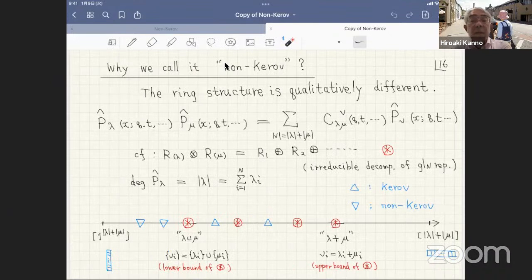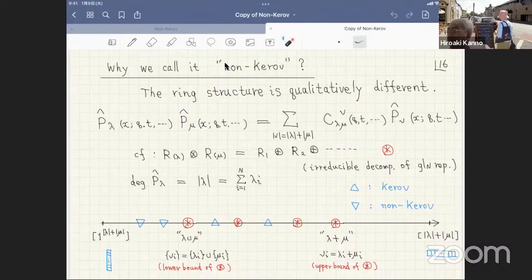Then finally, why do we call this deformation non-Kellogg? The reason is the ring structure is qualitatively different. So product of symmetric polynomial gives again the symmetric polynomial. So we can expand in terms of this. And this is a generalization of the Littlewood-Richardson coefficient.